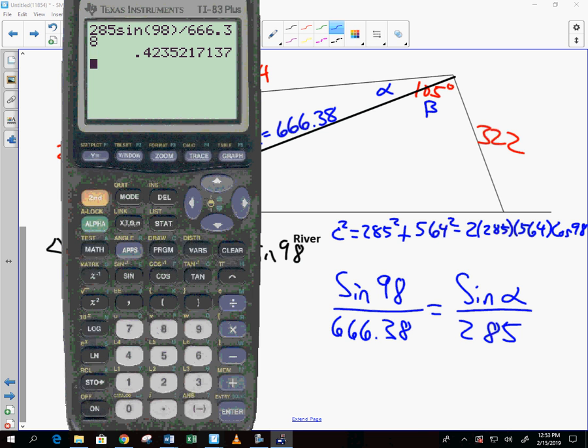Is that my answer? What do I do? Inverse the answer, and you get 25.06. Subtract from 105, 79.94.